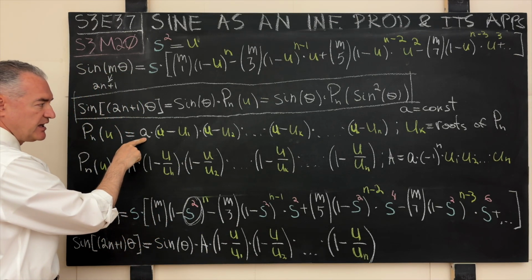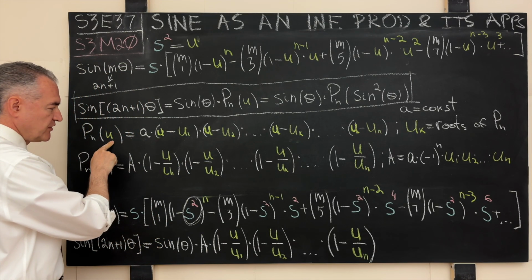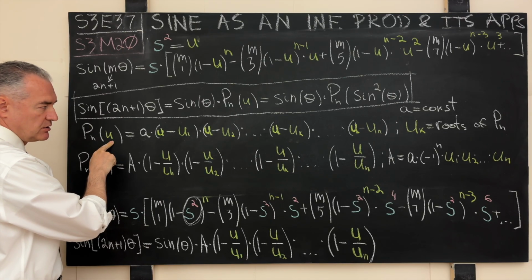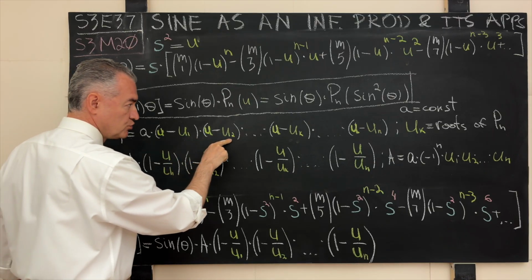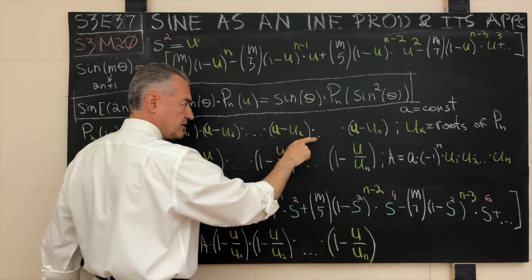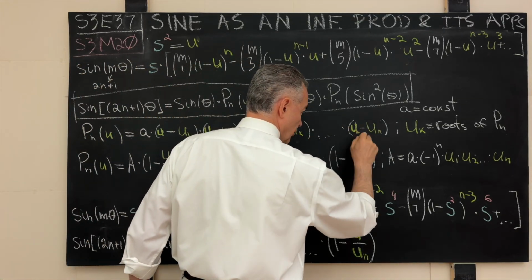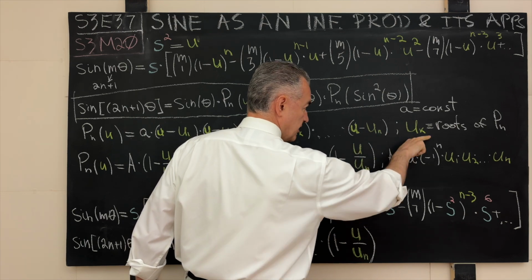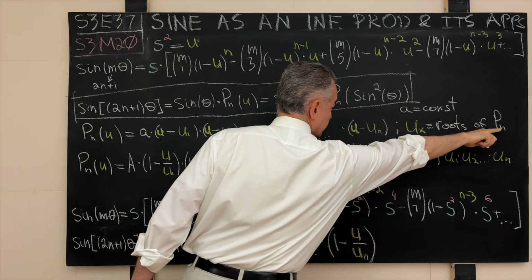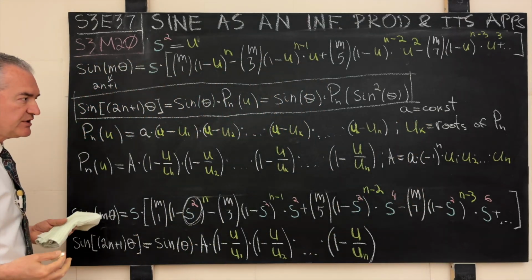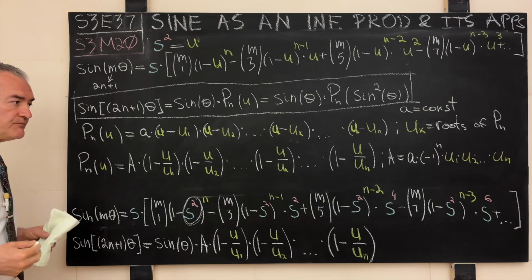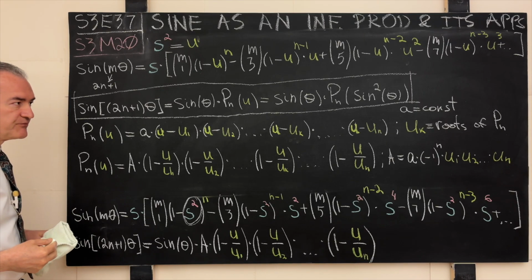So it's a constant a times u, our single variable that generates this polynomial, minus u1, times u minus u2, times and so on, u minus uk, times and so on, u minus un, and the uk's are the roots of the polynomial pn. a is a constant.